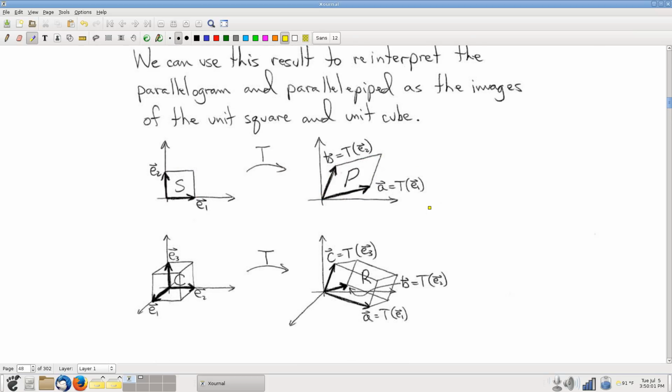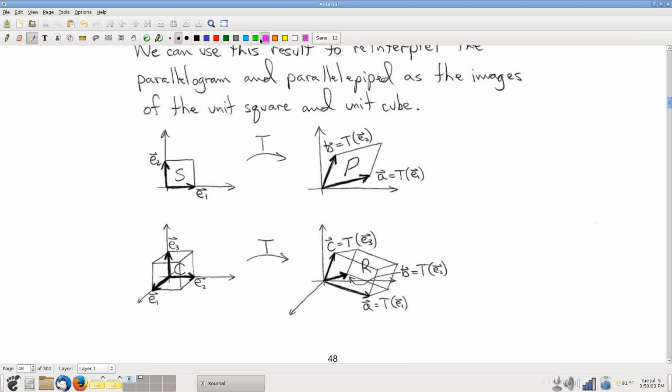Likewise, for the three-dimensional case, these vectors that we use to define our parallelogram in the first place, well, those being as they are the columns of our matrix, are the images of our standard basis vectors. That makes them the images of these vectors, and likewise, the entire parallelepiped is the image of this unit cube.